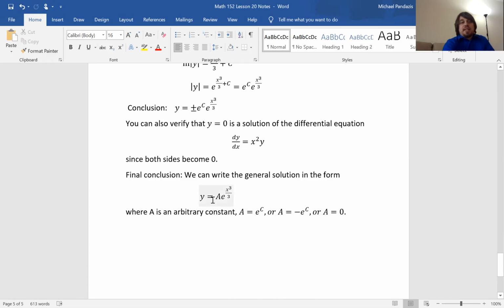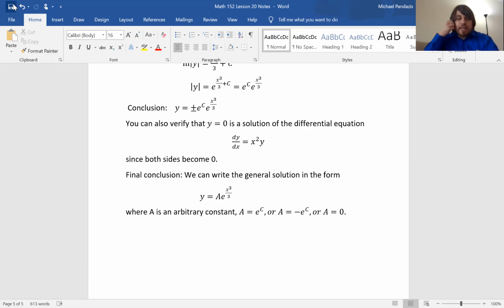So A can be any arbitrary constant, because all the real numbers are exhausted by A's of this form, A's of this form, and A equals 0. You don't even need this part, but I'm just illustrating how you reach this conclusion from what I wrote up here.